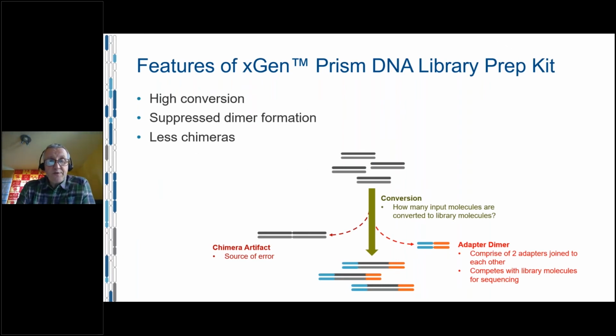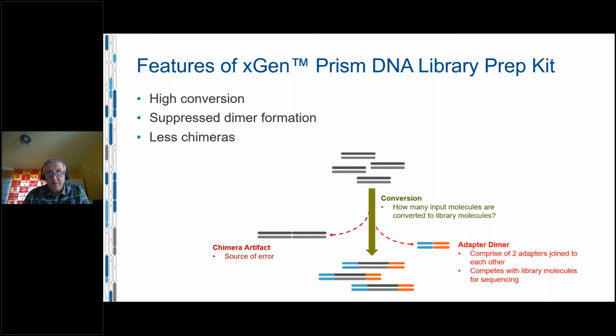Coming to the Prism library prep kit, this comes with some interesting features like a high conversion rate. The technology suppresses the formation of primer dimers and also prevents the production of chimeras. In a classical library prep, there is the opportunity that chimeras are formed.